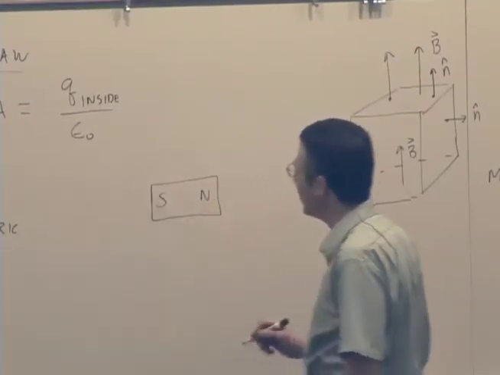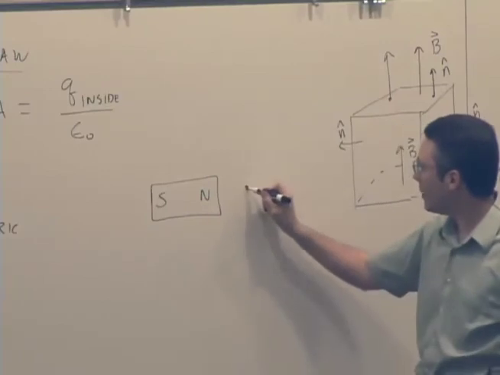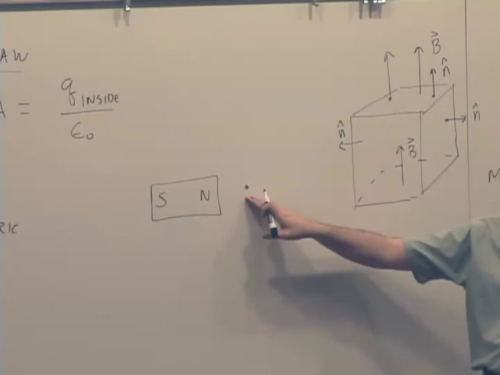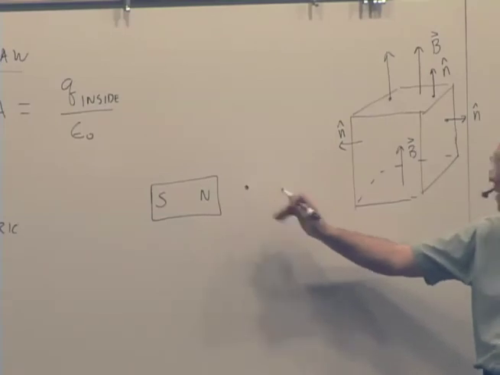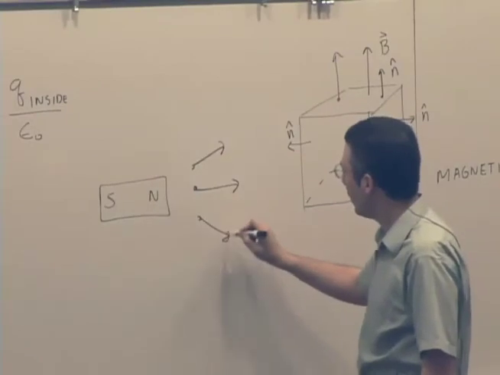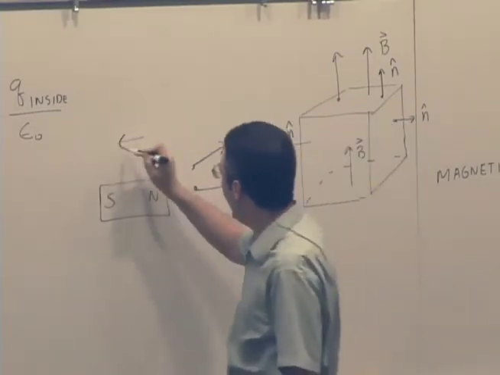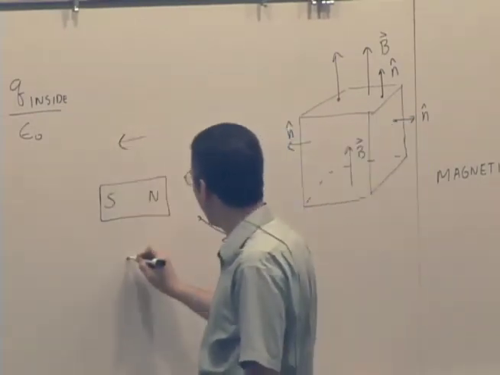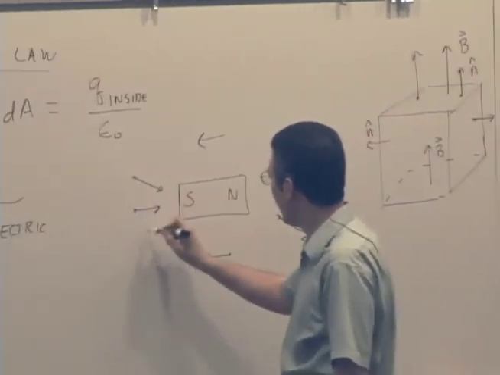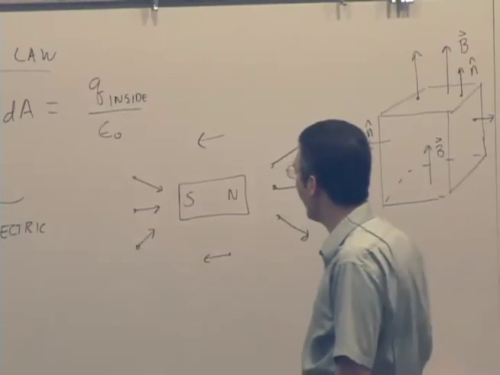Okay, you have a north pole and a south pole. And at this point, the magnetic field is pointing in what direction? To the right, okay. And it kind of points to the right along here. And you have magnetic fields pointing in that direction. And at the south pole, it's pointing towards the south pole, right?